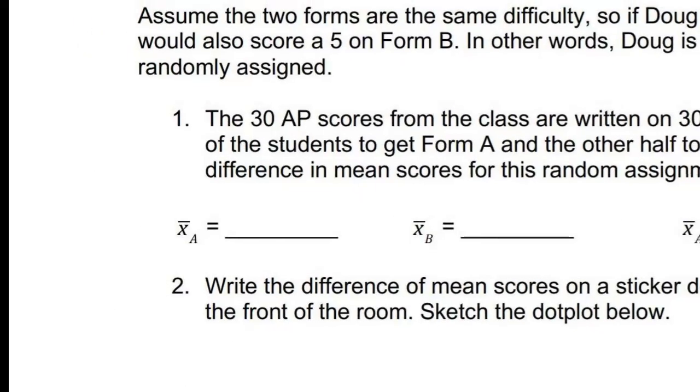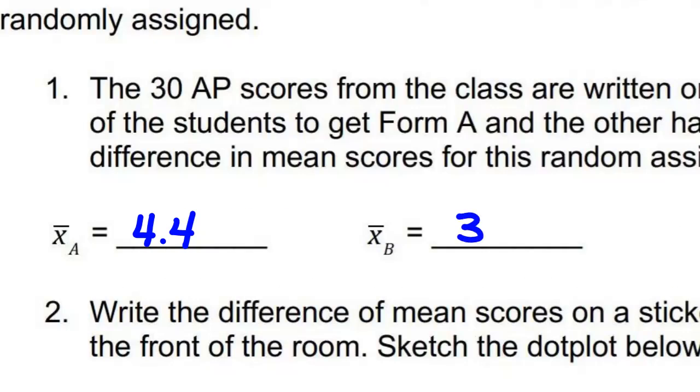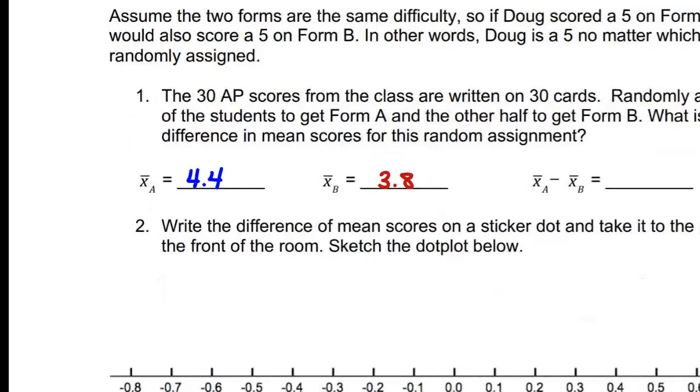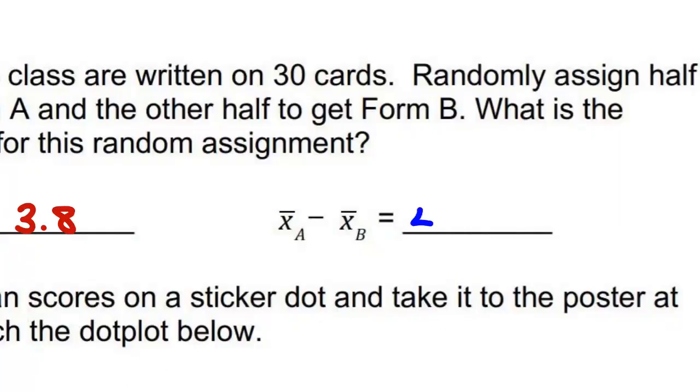All right, so I've got mine. My X bar was 4.4 for Form A. And for Form B, I got 3.8. So now I need my difference.